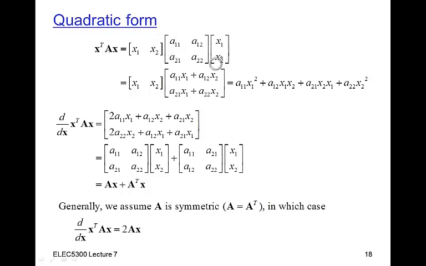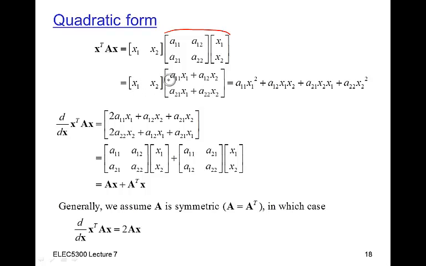If I go ahead and expand this matrix multiplication out, I can, let's say, do this times this, right? And so what I'm going to get is a11 x1 plus a12 x2. That's this first line here. And then a21 x1 plus a22 x2. That's the second line there.